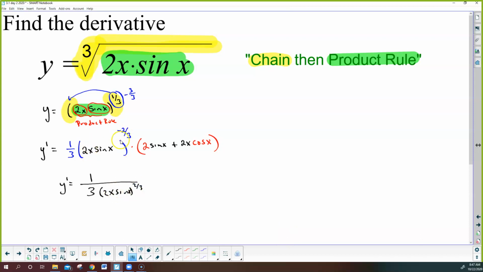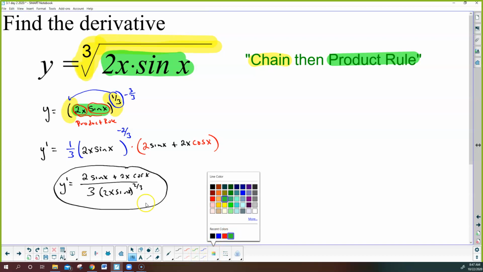You just put all of this in the denominator to the 2/3 power, and then the entire product rule derivative is just going to be up top. Now notice this 1/3 would be times all of this, so I really don't need the 1. And then I would just put 2 sine x plus 2x cosine of x. And I would be done right there.